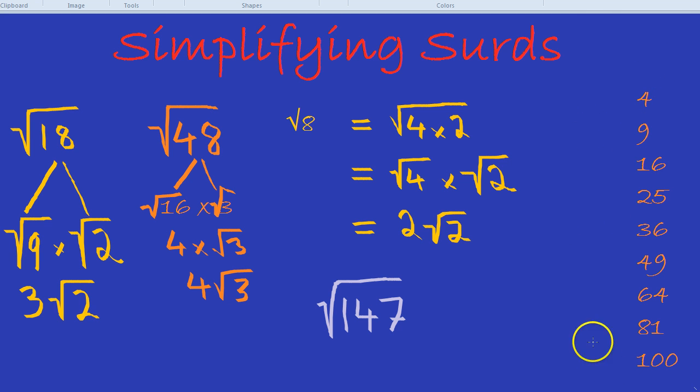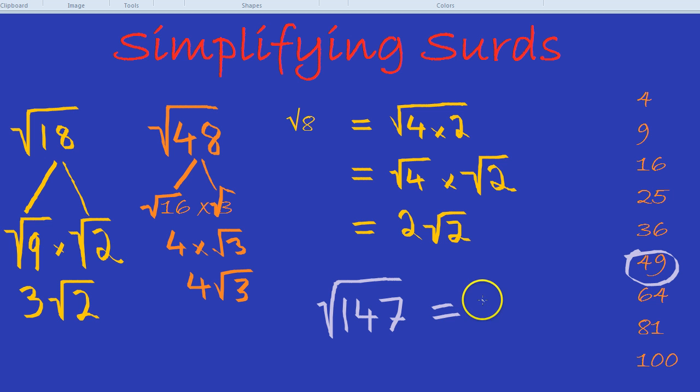There's actually one of those square numbers that goes into 147, and that is 49 times 3. So you can write it the other way now, just whichever way you prefer really. I'll just do it both ways just so you can see for yourselves which one you prefer.